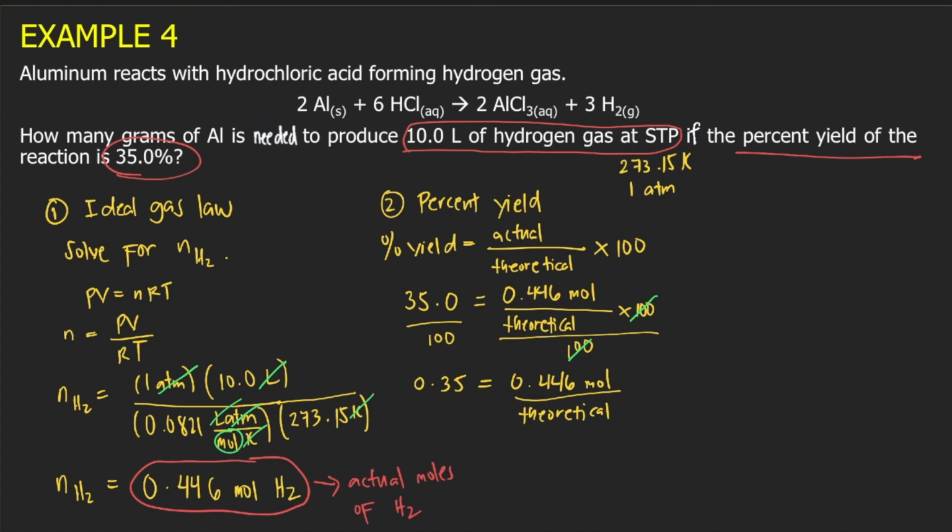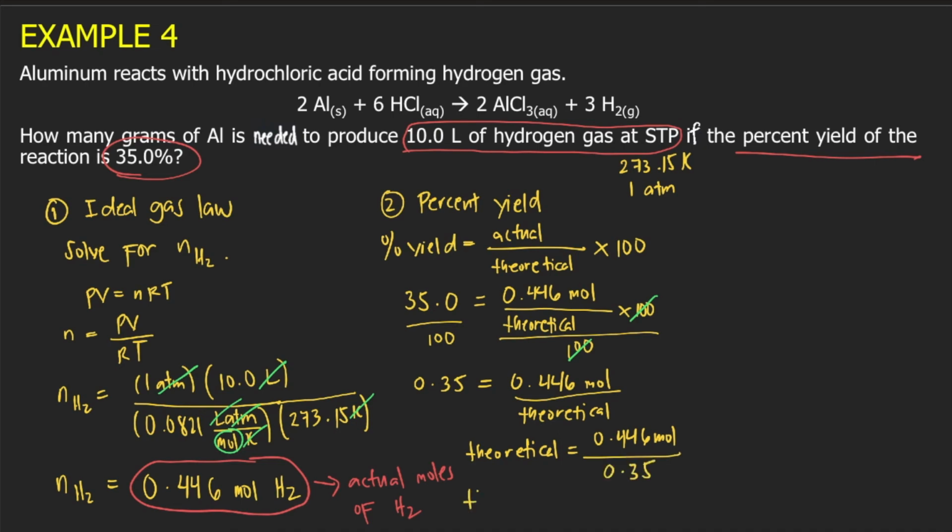If you want to solve for the theoretical yield, you will rearrange the equation. And the equation becomes theoretical yield is equal to 0.446 moles divided by 0.35.